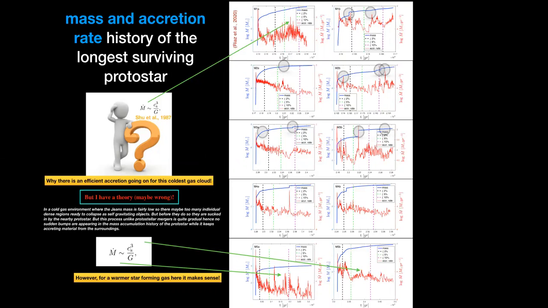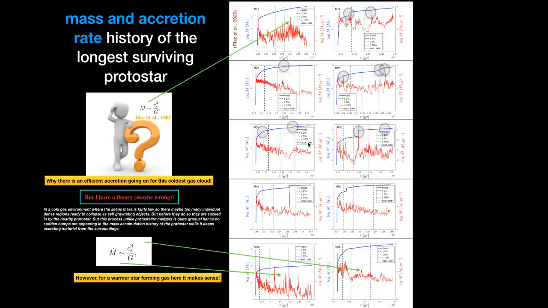These small bumps that you find in the accumulation history are actually representing the merger events which are happening among the protostars. And whenever this merger occurs, the red curve is the mass accretion profile, the blue curve is the mass accumulation profile. You immediately find that whenever the bump is there, the mass accretion has an immediate rise.